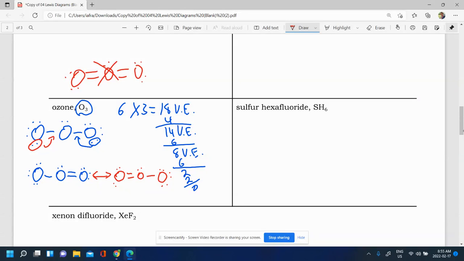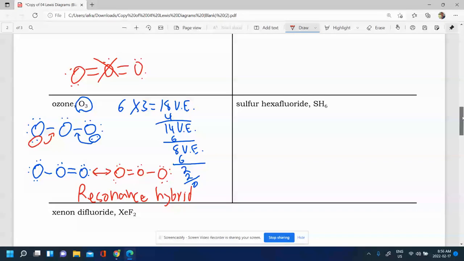And so the actual structure, we'll often call a resonance hybrid. Again, it's a hybrid of those structures, similar to what we saw with the carbonate ion.